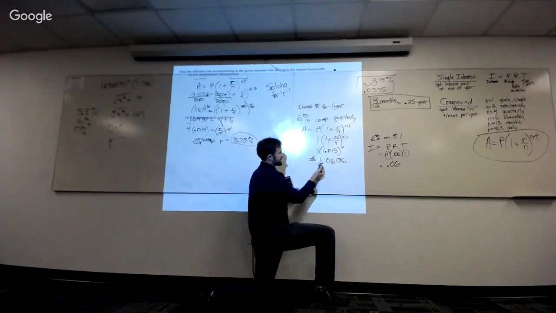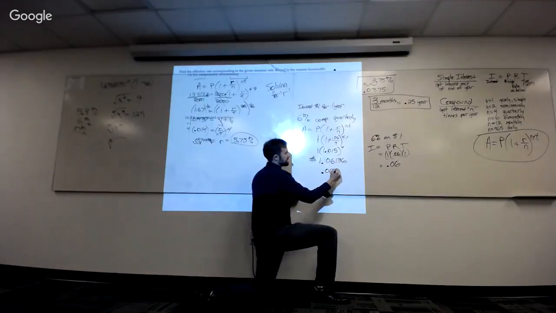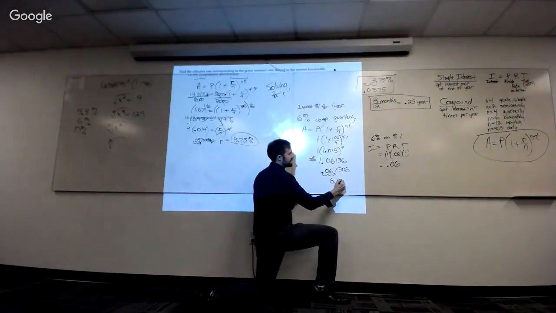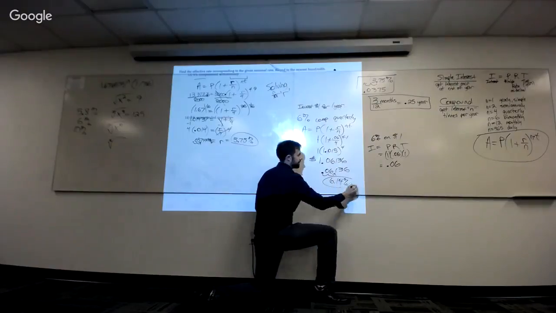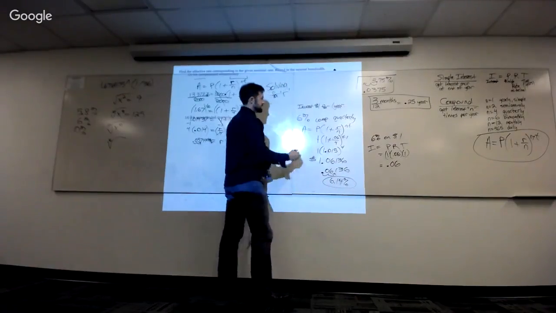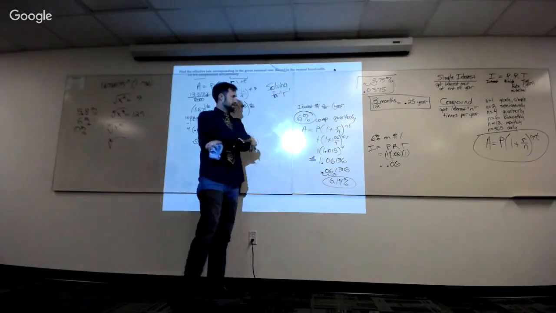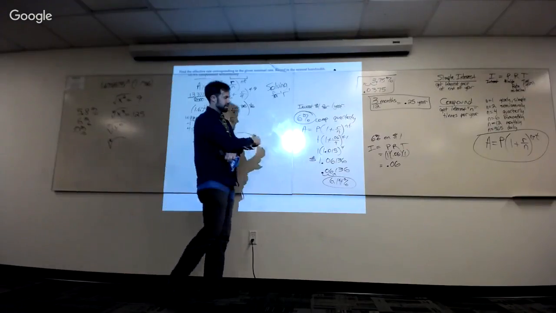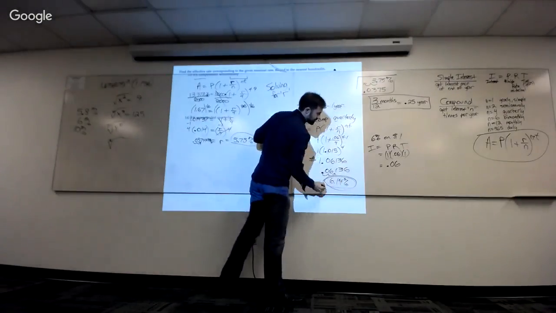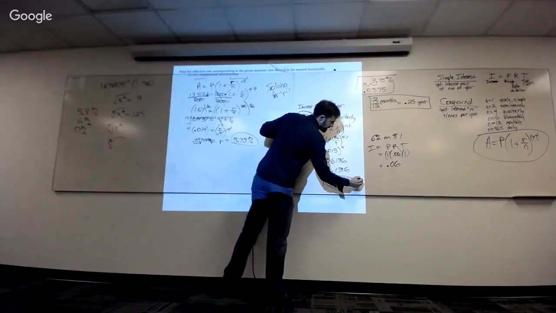If you take away the $1 that you already put into the account, and just look at how much interest you got, 0.06136, and you move the decimal twice, that's 6.13, actually rounding, 6.14% interest rate. So 6% compounded quarterly is the same as 6.14% compounded annually.